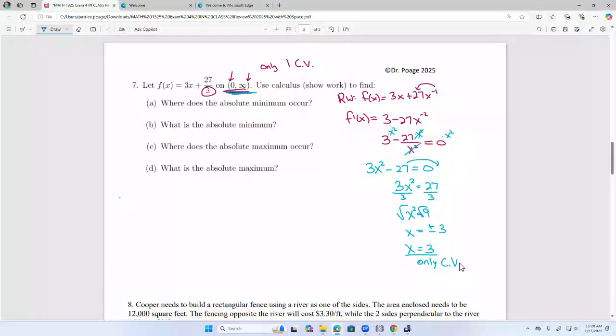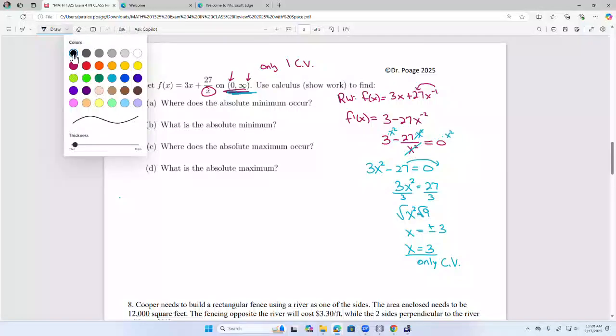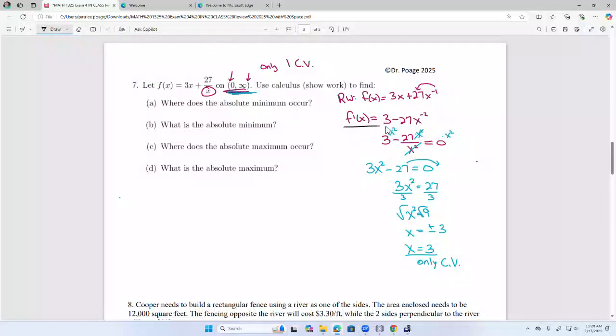So I don't know if there's a max or min that's going to be there, but that's the only place it's going to be. The way I find out if it's a max or min is I come back up to my first derivative and I find the second derivative. Derivative of 3 is 0. Negative 2 times negative 27 is 54x to the negative 3.